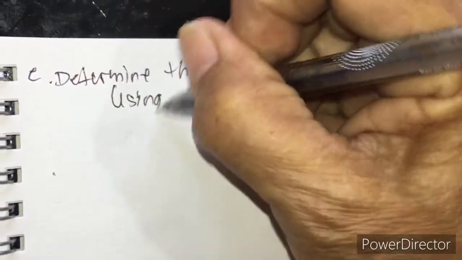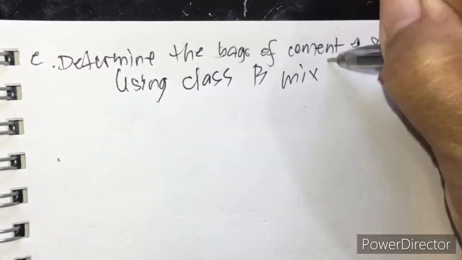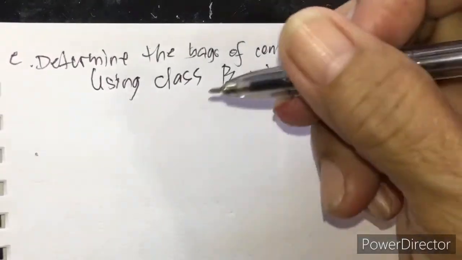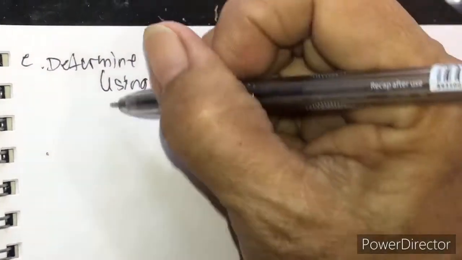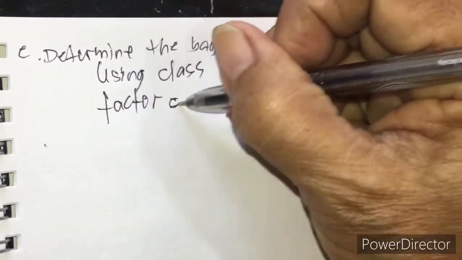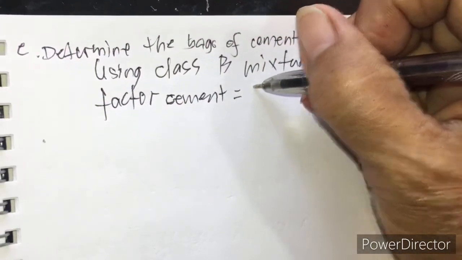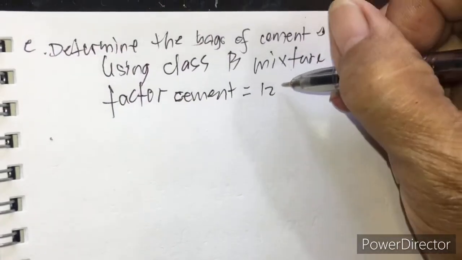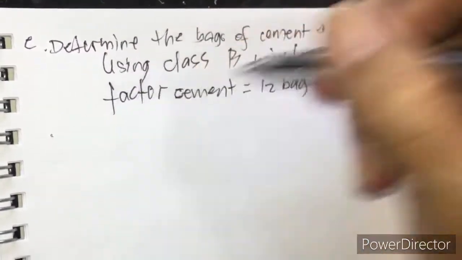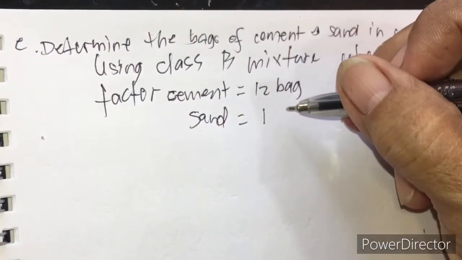Using class B mixture, where the factor of cement equals, in every cubic meter, 12 bags, and the factor of the sand, 1 cubic meter.